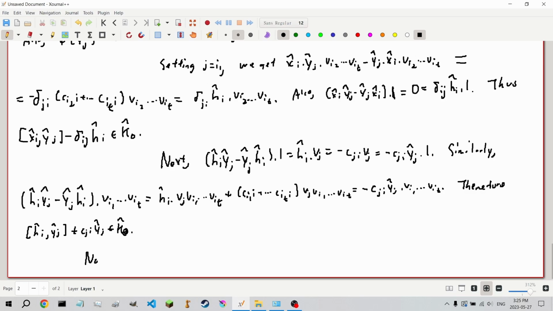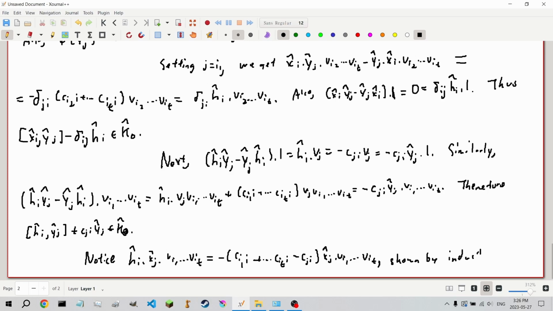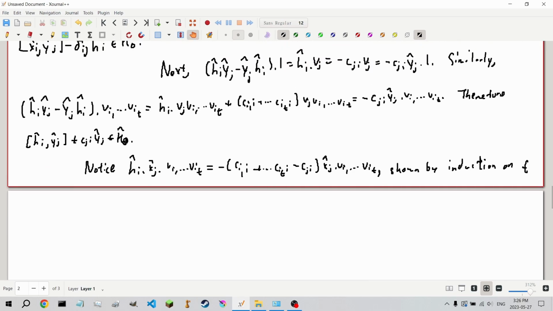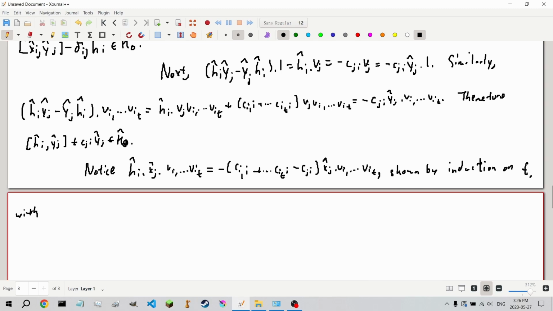Notice that h hat i on x hat j and v_i1 through v_it is equal to negative of the sum of the appropriate Cartan indexes through c_iti minus c_ji times x hat j on v_i1 through v_it, which can be shown by induction on t, with t equals 0 giving both sides as 0.